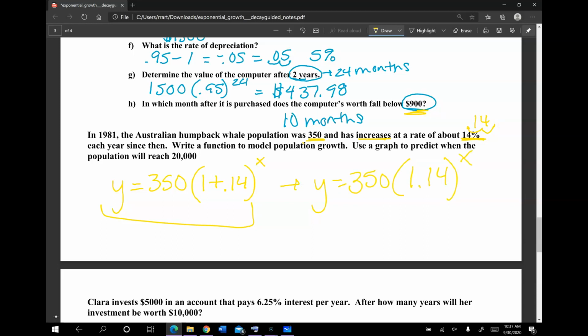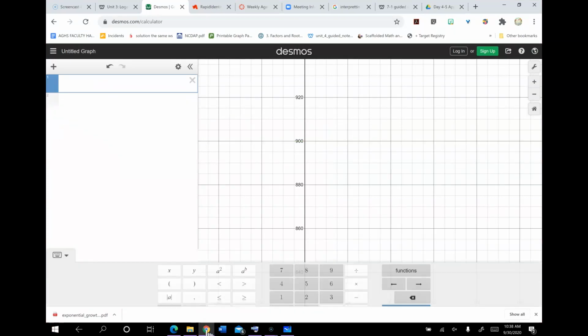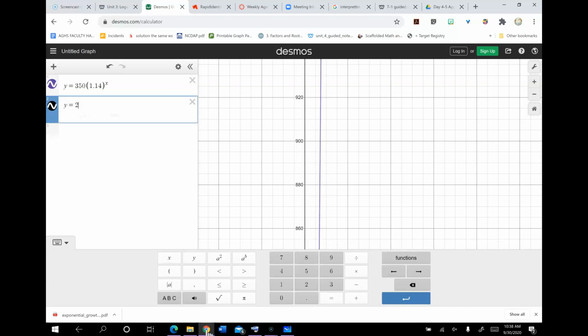So I need to find when this line reaches 20,000. So y equals 350, 1.14 raised to the x. And then I want to know when it reaches 20,000. Okay?